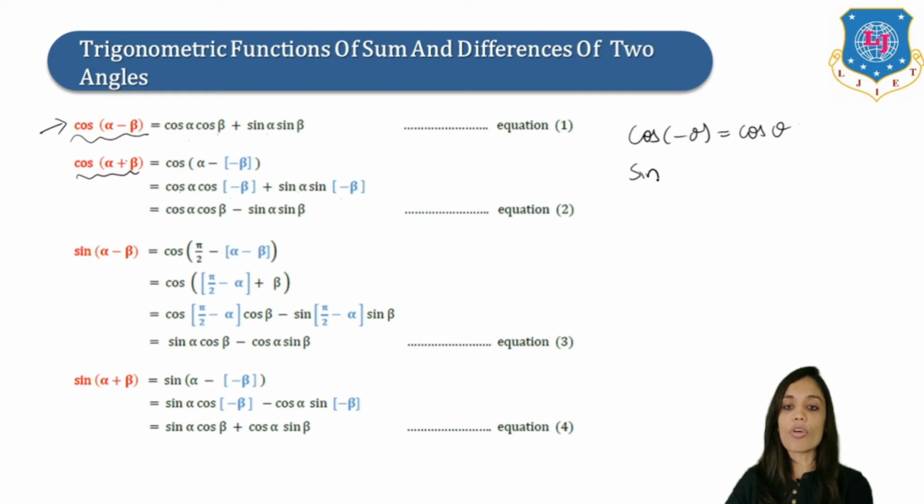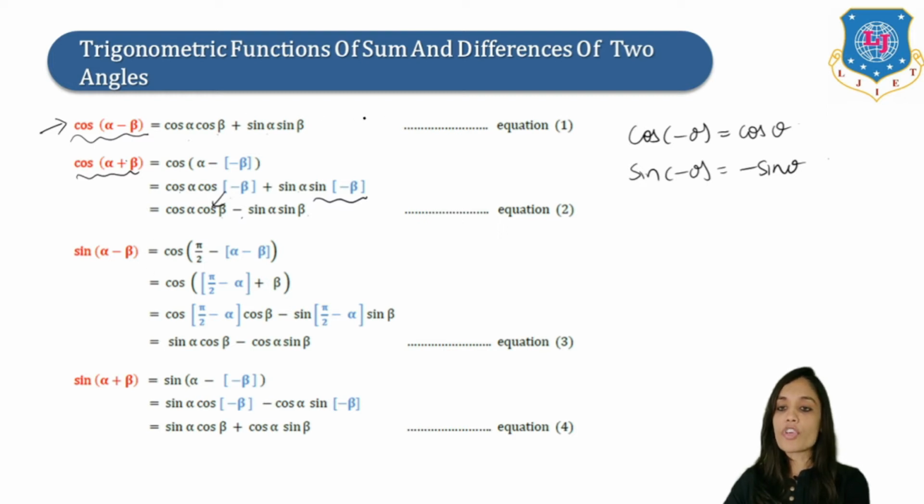And sine is an odd function, so sine of minus theta is minus sine theta. So this will become cos beta, and from here we can write minus sine beta. So in the middle, minus will come. In short, the general formula of cos(alpha plus beta) is cos alpha cos beta minus sin alpha sin beta.